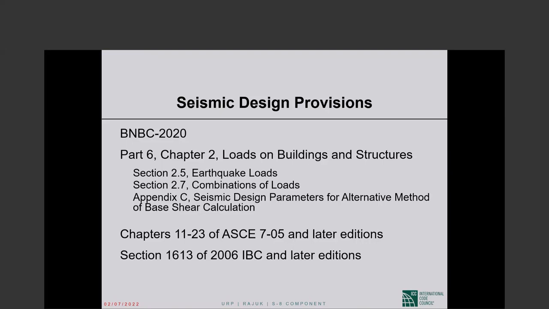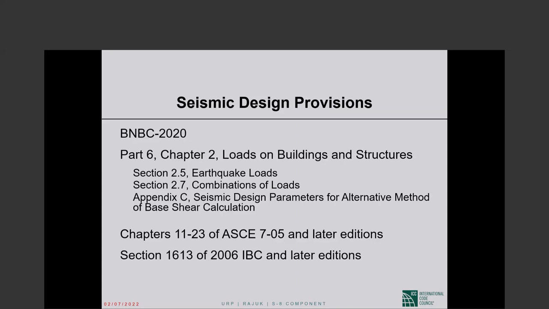Appendix C is entitled Seismic Design Parameters for Alternative Method of Base Shear Calculation. So in BNBC, we will use all those sections: section 2.5 earthquake loads, 2.7 combinations of loads, Appendix C, seismic design parameters for alternative method of base shear calculation. In ASCE 7-05, the seismic provisions are in chapters 11 through 23.